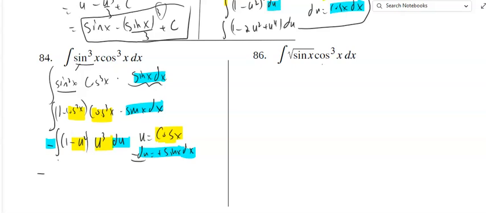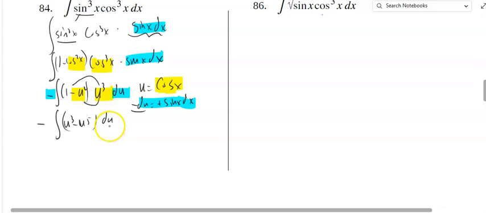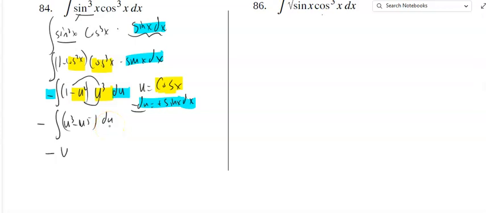And this is nothing more than the integral of u cubed minus u to the fifth du. And that would be negative u to the fourth over 4 plus u to the 6 over 6 plus c.